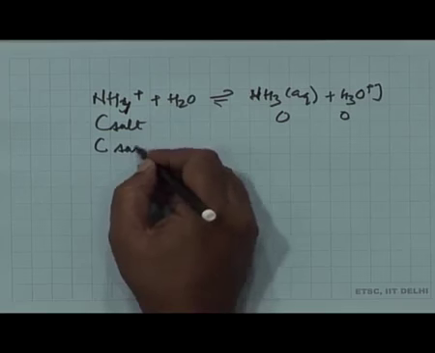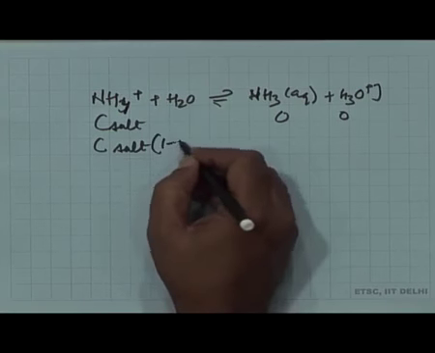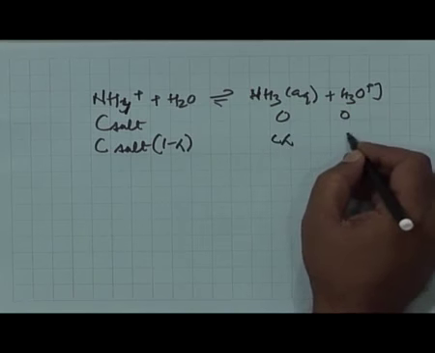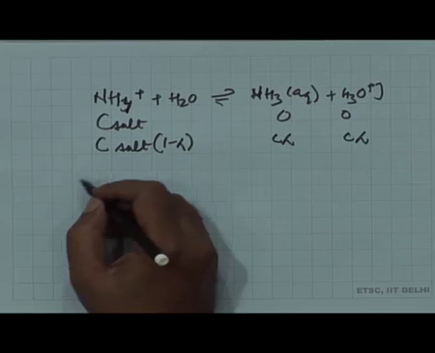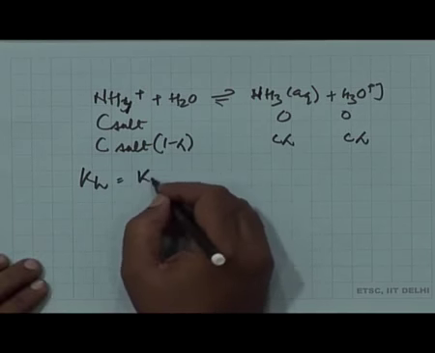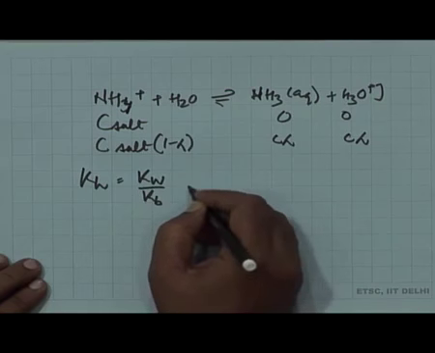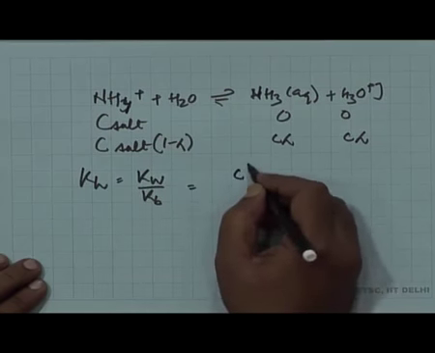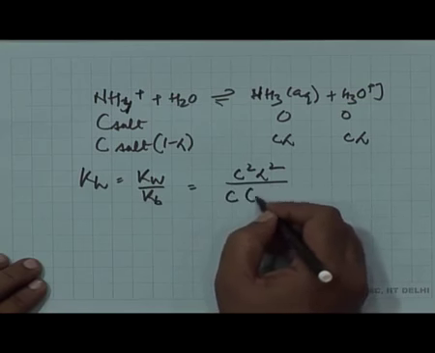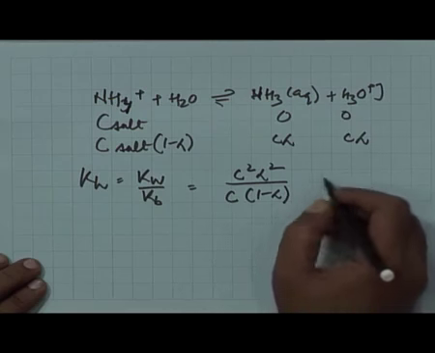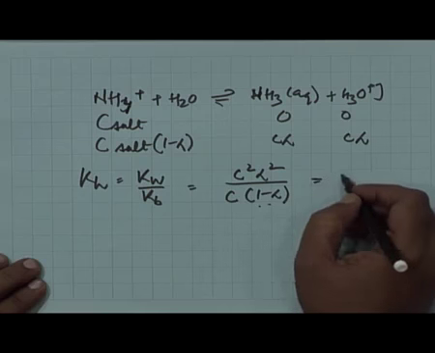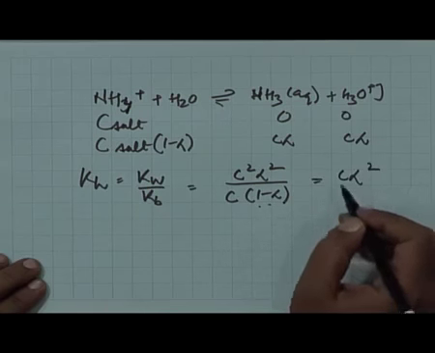At equilibrium, this is C into 1 minus alpha, and this is C alpha, and so Kh, which is nothing but Kw by Kb, is equal to C alpha squared divided by 1 minus alpha, and if alpha is quite small compared to 1, we can simply write C alpha squared.